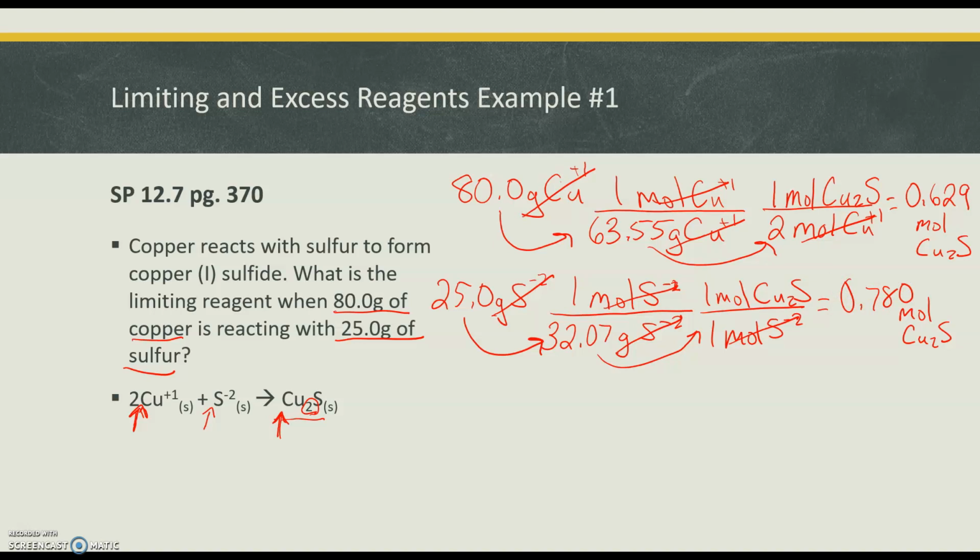The smaller amount here is our 0.629 moles of copper 1 sulfide. It comes from our 80.0 grams of copper. Because of this, we know that 80.0 grams of copper is our limiting reagent, and we also know that our max amount of product produced can be 0.629 moles of copper 1 sulfide.